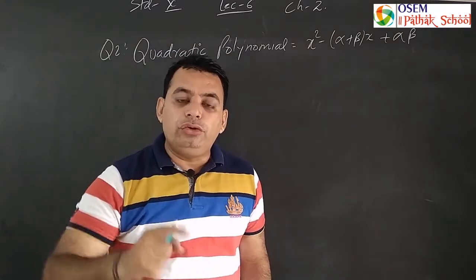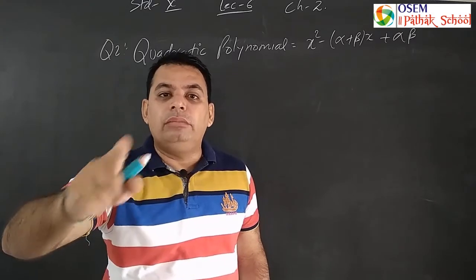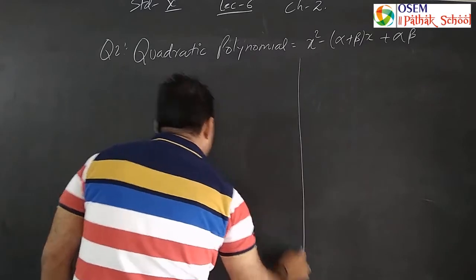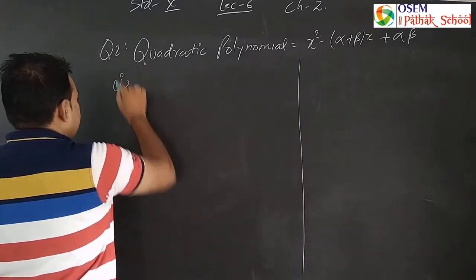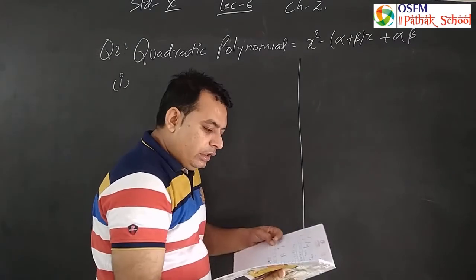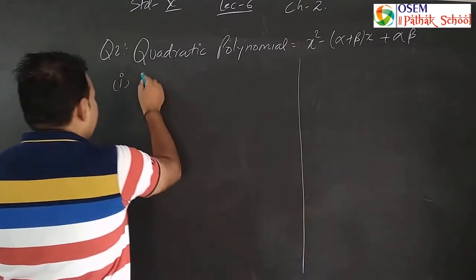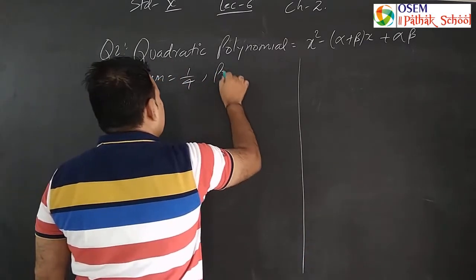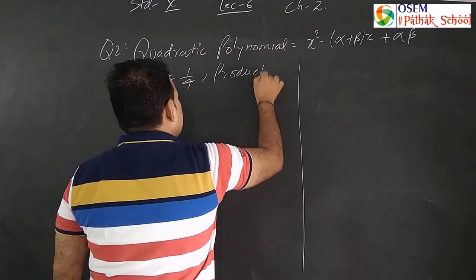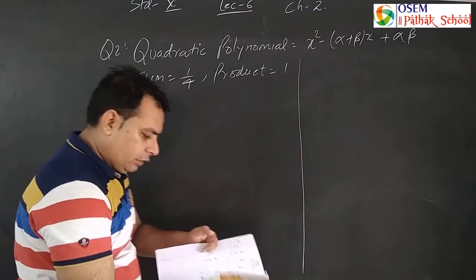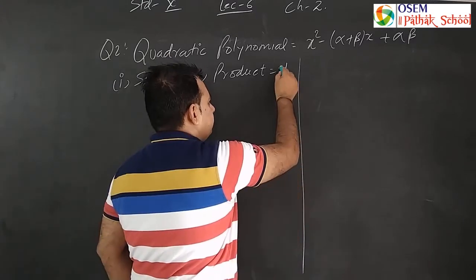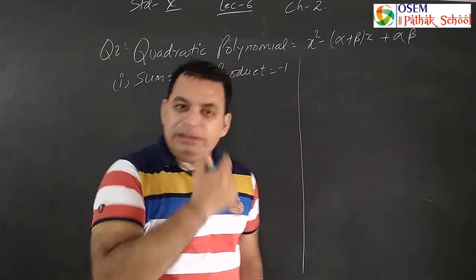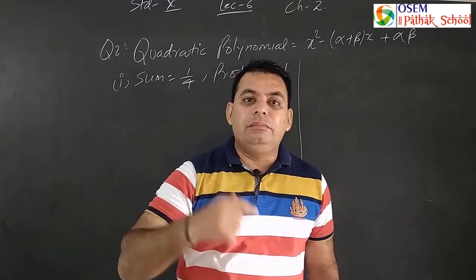Now in the questions you will every time be given the sum and the product. I am doing question number 1 and question number 2. Question number 1: the sum is 1 by 4 and the product is minus 1.